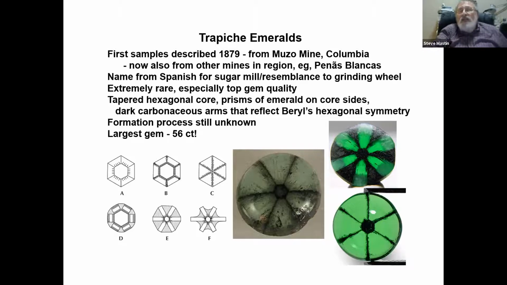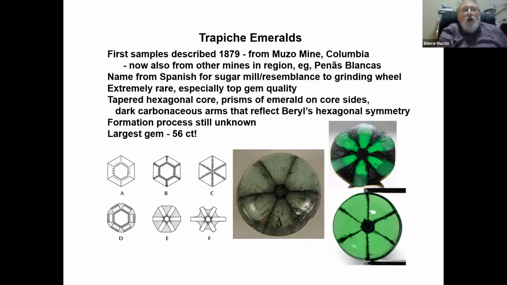And then he has to figure out how to cut this three-dimensional stone so that this wagon wheel shape shows up. And you can see that there are all sorts of different Trapiche emeralds that are shown over on the bottom left. And most of them, including the ones in my collection, look like that middle one. They're totally included. They're not very green, but they show the wagon wheel, which is really the important aspect of the Trapiche.